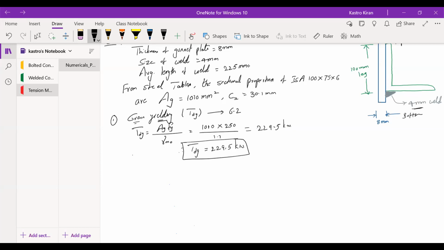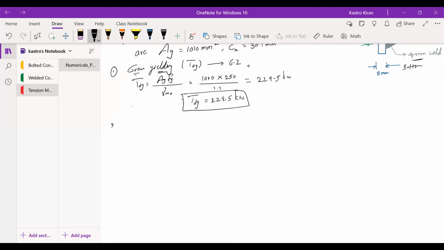So this is the first thing which we have solved. And the second thing which we have to solve is net section rupture, or design strength due to net section rupture. We know the net section rupture is calculated by using clause 6.3. It is given as TDN.